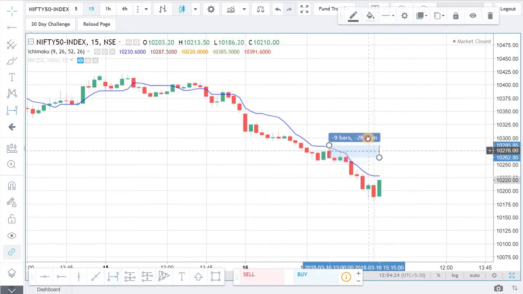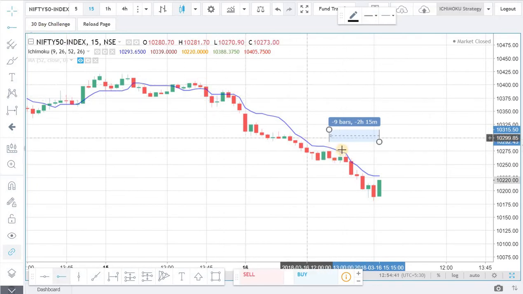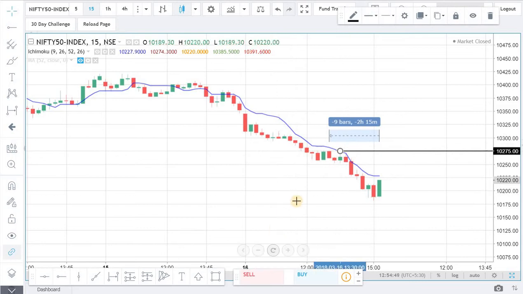What you need to do from these 9 periods is very simple. You need to look at what is the highest high. Here the high is 10,274.20, 275. I think 10,275 is the highest of these lines. So let me plot a highest high over here. Okay, 10,275. That's the highest high.